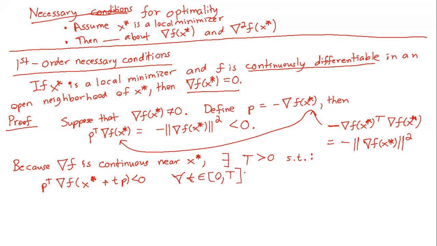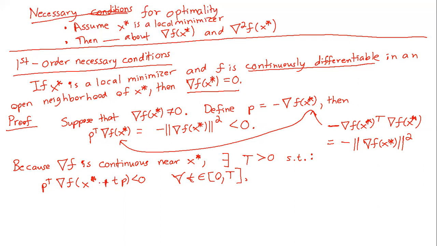So what this says is that because it's continuous, and I know that P transpose del f of x star is negative, if I take a sufficiently small step away from x star, because del f is continuous, I can't suddenly jump from this function being negative to being positive if I make this P very small.